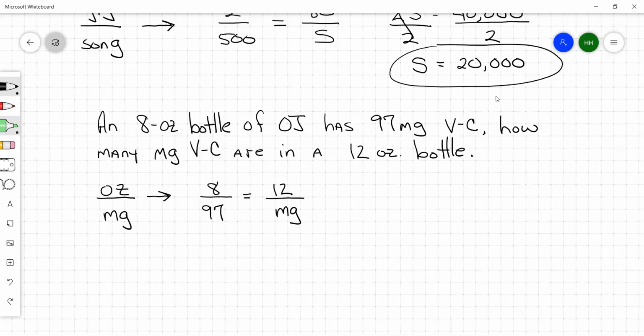So it's a proportion. So you crisscross multiply it. You take your 8 times your mg, and you make it equal to your 97 times 12. So 8 milligrams equals 1,164. You divide both sides by 8.